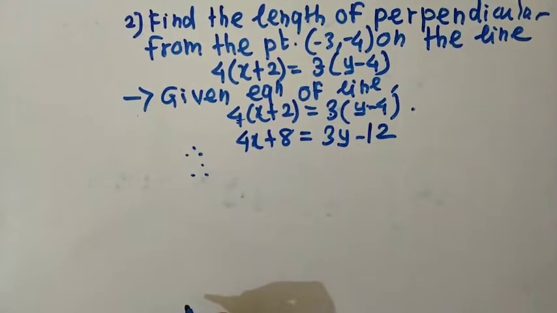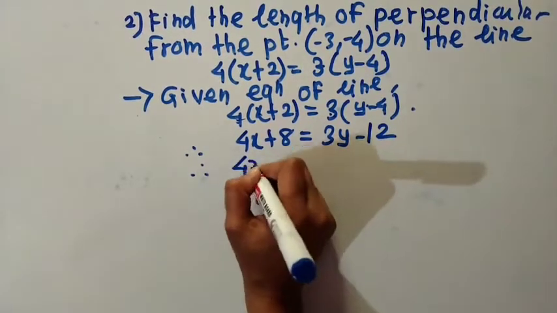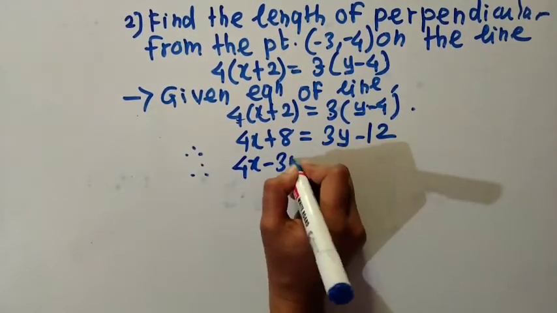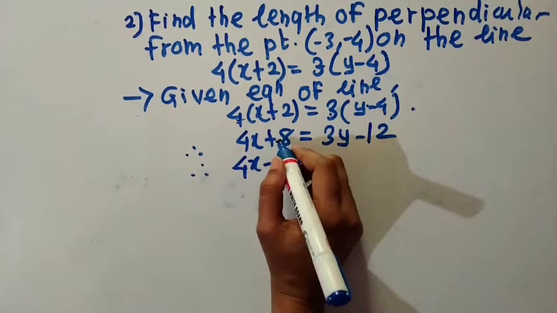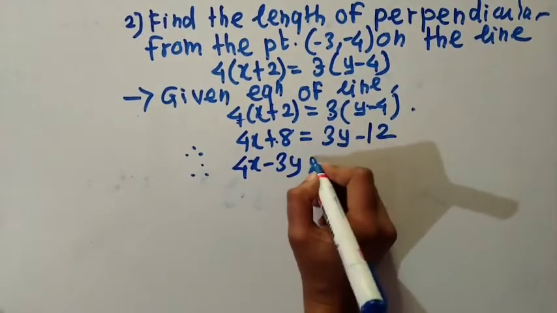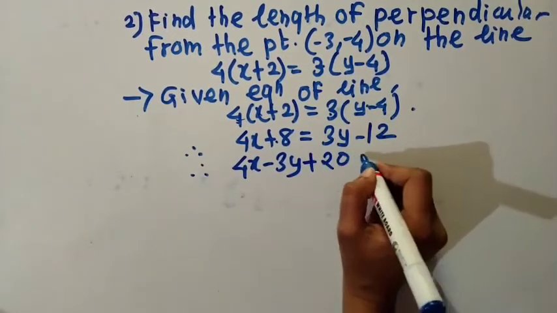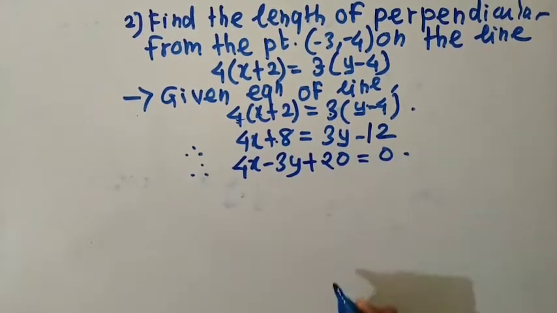Hence we get the equation 4x - 3y + 8 + 12 = 0, that is 4x - 3y + 20 = 0.